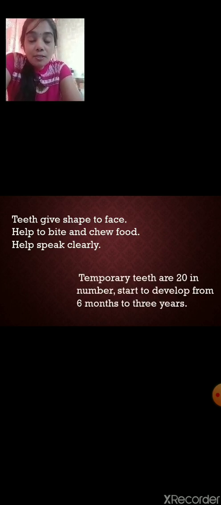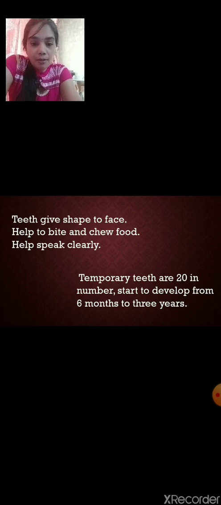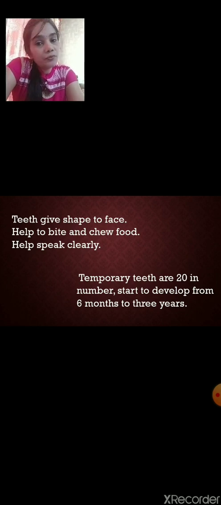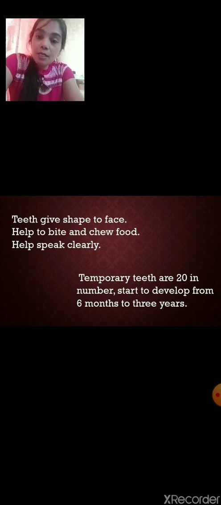And what are temporary teeth? Temporary teeth are 20 in number, and they start to develop from 6 months to 3 years. So when the child becomes 3 years old, a set of 20 teeth will have grown.